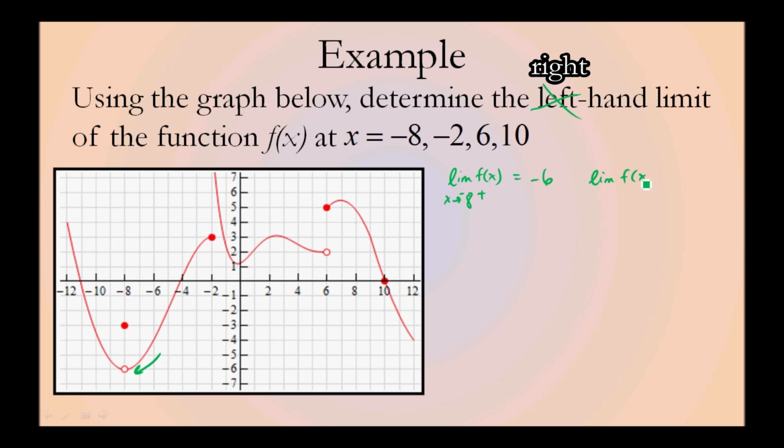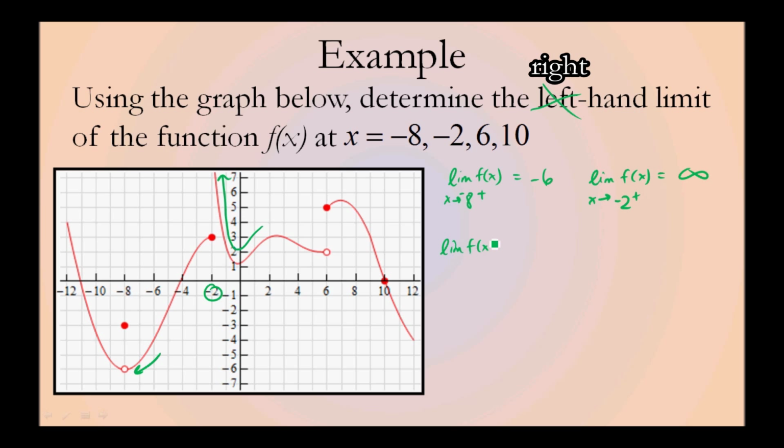The limit of f of x as x approaches -2 from the right. So we'll come to -2, and we see that coming from the right, we can infer from the graph that it's approaching infinity.